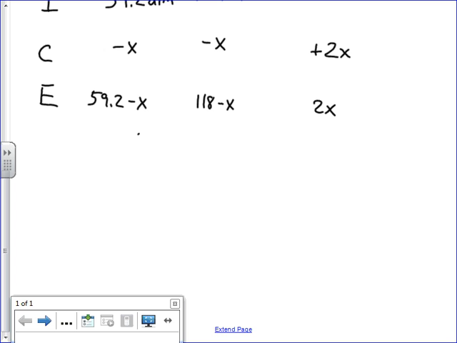So now we need to plug those into our equilibrium expression, which we actually haven't written yet. So our equilibrium expression for this is going to be the pressure of HI squared over the pressure of H2 times the pressure of I2.